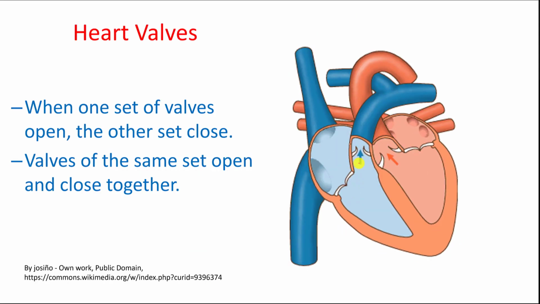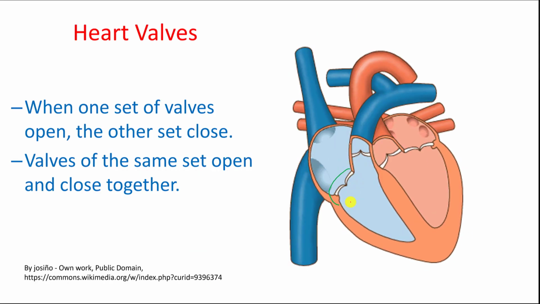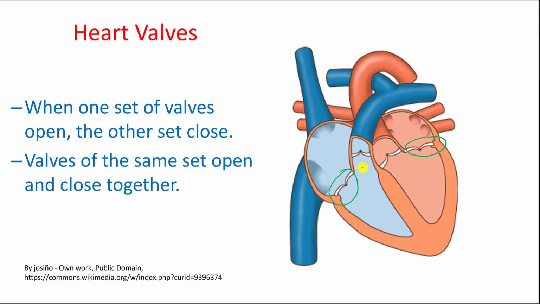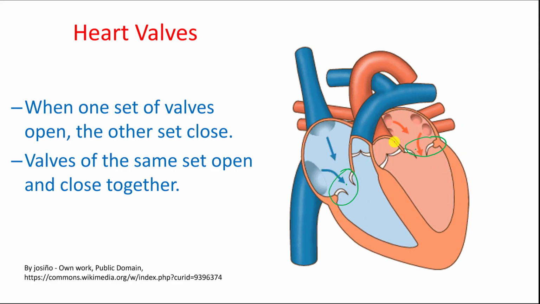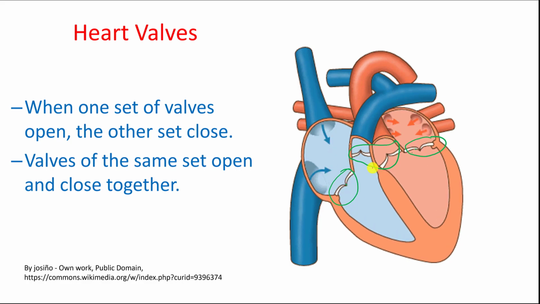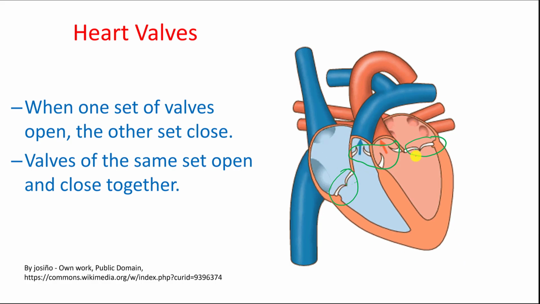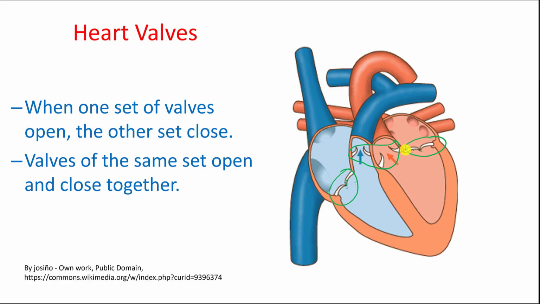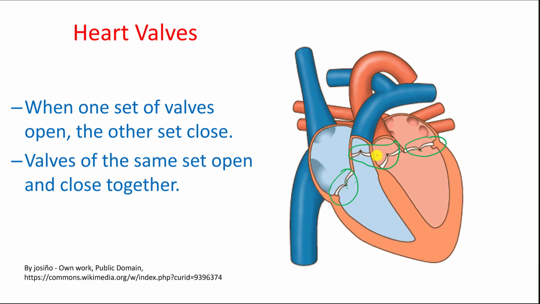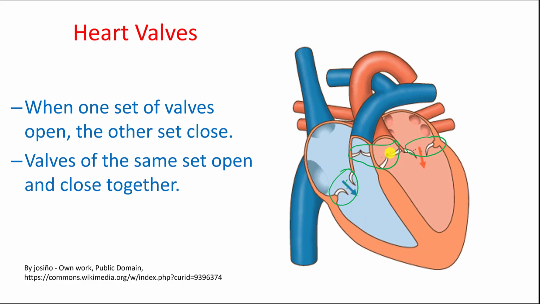One thing I need you to understand is that both cuspid valves open and close at the same time, and both semilunar valves open and close at the same time. So there is a high coordination between the left and right groups of valves. But only one of the groups is open at a time.